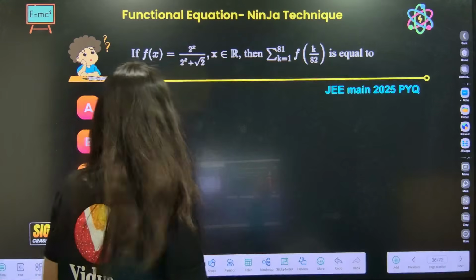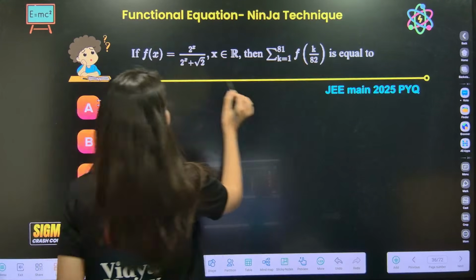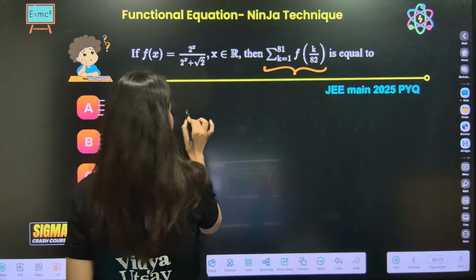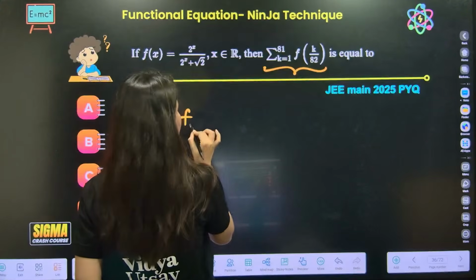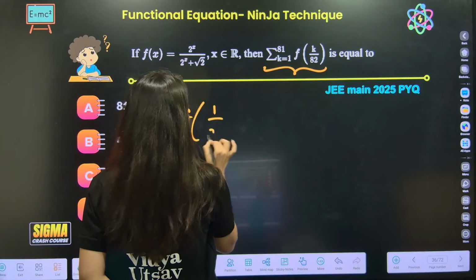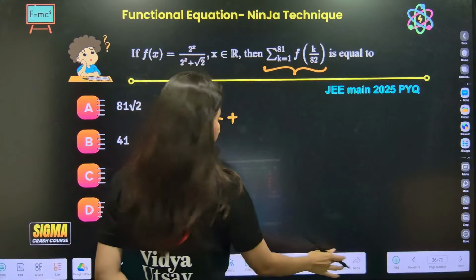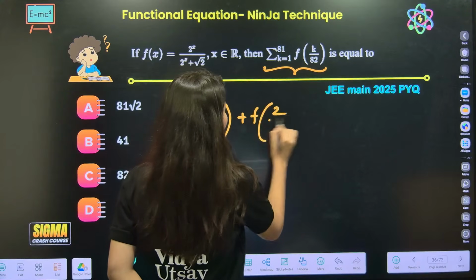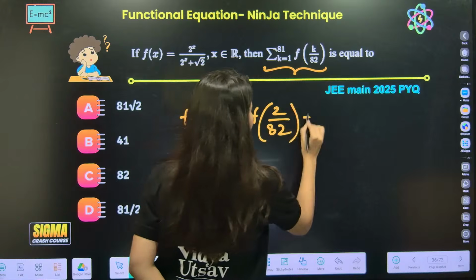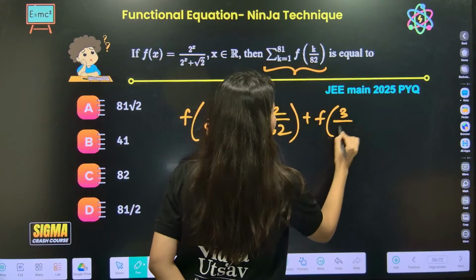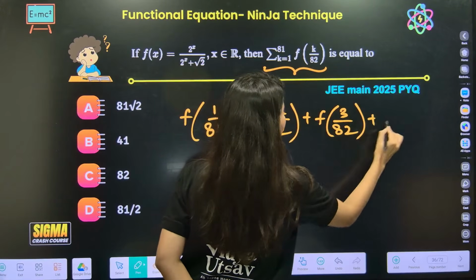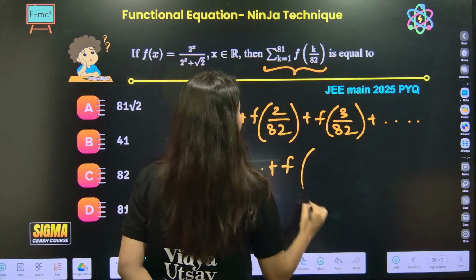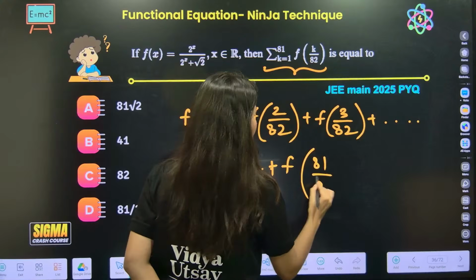Okay, all right. Now, this question is, this is the function and this is what is given to you, correct? f of 1 by 82, okay, plus f of 2 by 82 plus f of 3 by 82 and all the way up to f of 81 by 82.